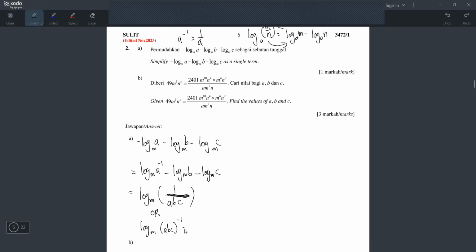You can bring the -1 to the front and end up with negative log m ABC. If you stop at either form, it's good enough, because they just want you to express it as a single term. This is also a single term, so it's acceptable. All right, now let's do B.